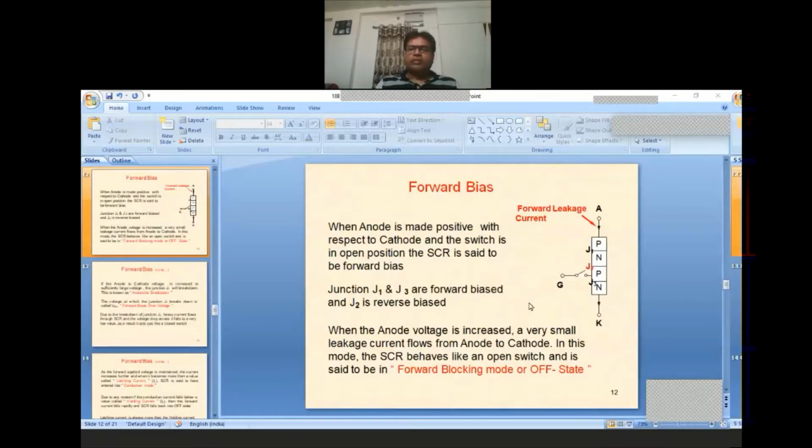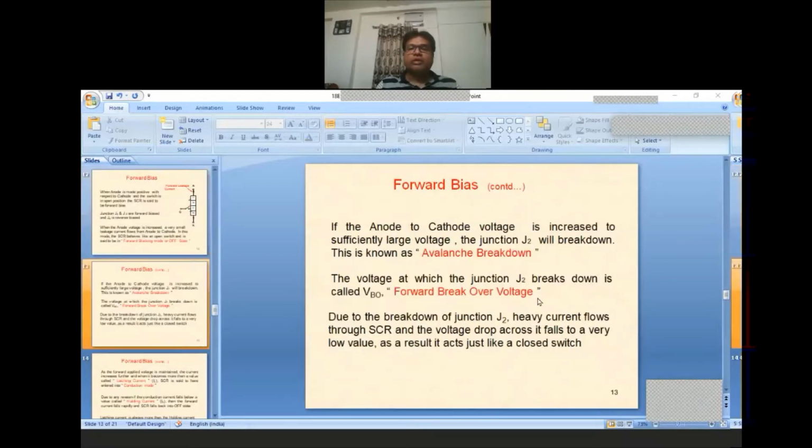But as you go on increasing the applied voltage or forward voltage or anode to cathode voltage, there comes a condition where the junction J2 will break down, as the voltage will be sufficiently large to break down the junction J2, which is called as avalanche breakdown.